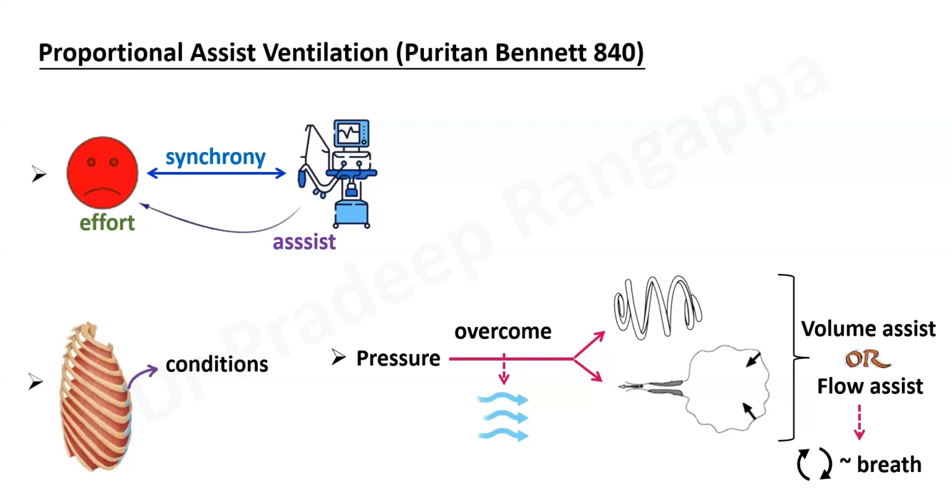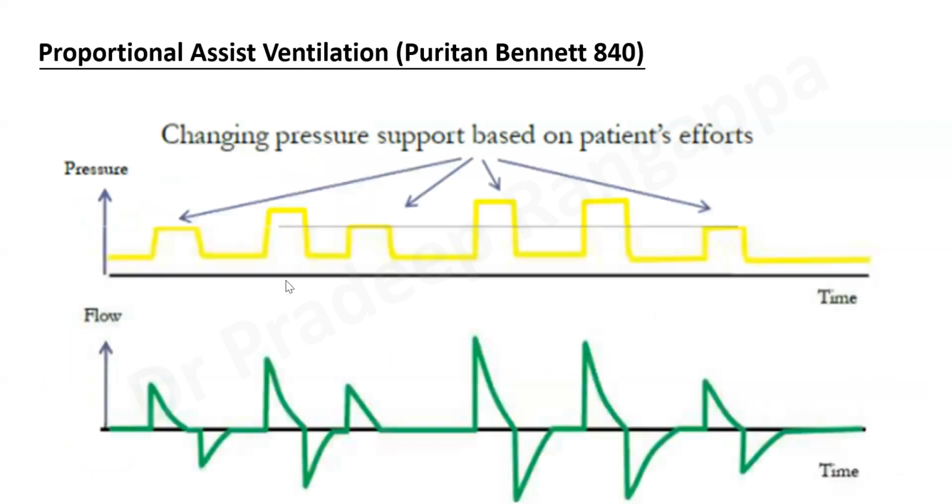You put a pressure support of 12, it is constant for all breaths. But in proportional assist, it can be 12 for one breath, 10 for a second breath, 8 for a third breath. It all depends on what the patient is generating. So as you see, the pressure support is varying constantly for every breath. This is constant. So when they ask about advanced modes, just draw these graphs in the exam, especially for DNB or DM exams.